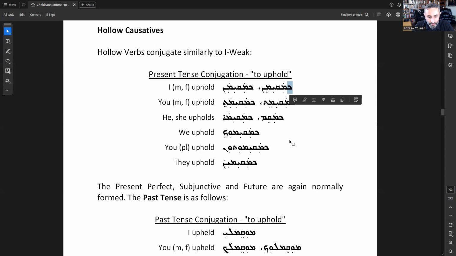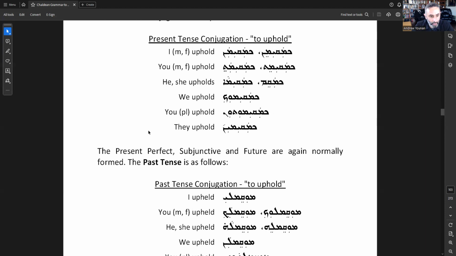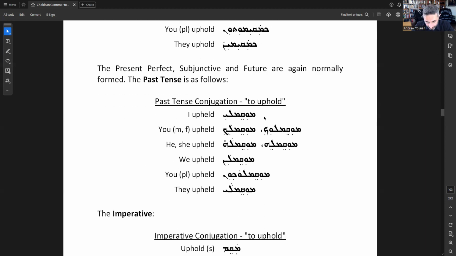Get rid of the kaf to get a subjunctive. Add a wa to make it present perfect. Make it bid maqiman to make it future. All normal.